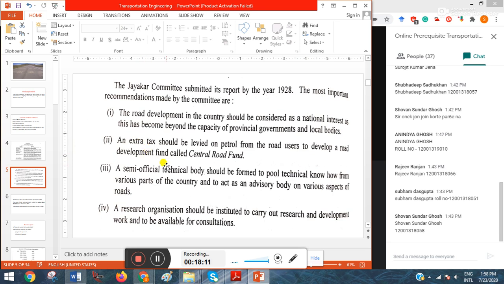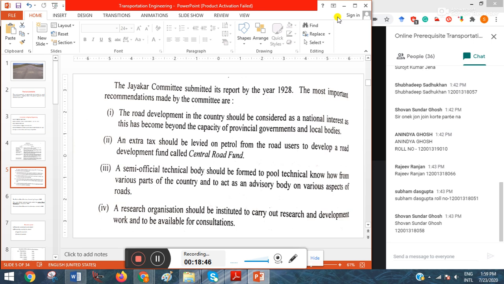Number two, an extra tax should be levied on petrol from the road users to develop a road development fund called the Central Road Fund. So they proposed one fund that is called the Central Road Fund (CRF). Number three, a semi-official technical body should be formed to pool technical know-how from various parts of the country and to act as an advisory body on various aspects of roads, from construction to maintenance.